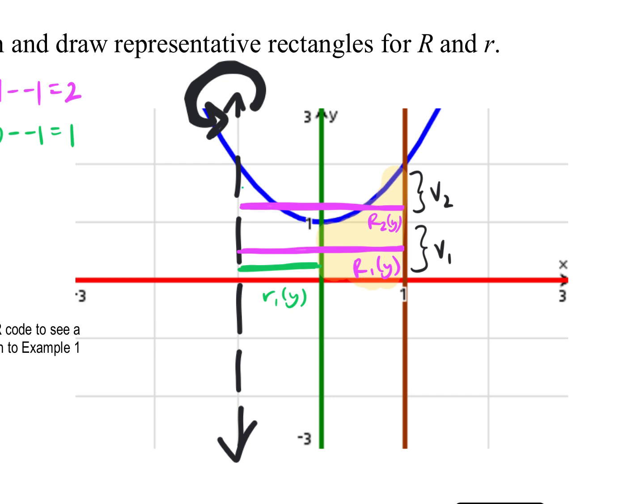Because now I'm going not to that green line, but I'm going to this blue curve now. Okay, so that is my little r2 of y. Do we see the difference there in those rectangles? That's what they are, okay? Wonderful.